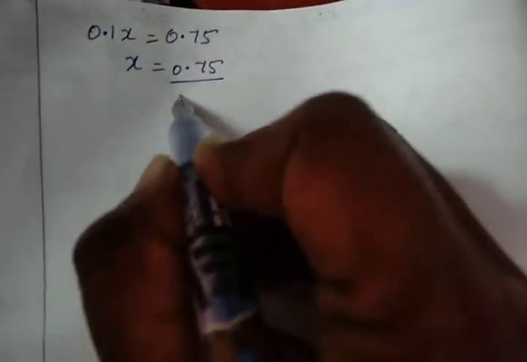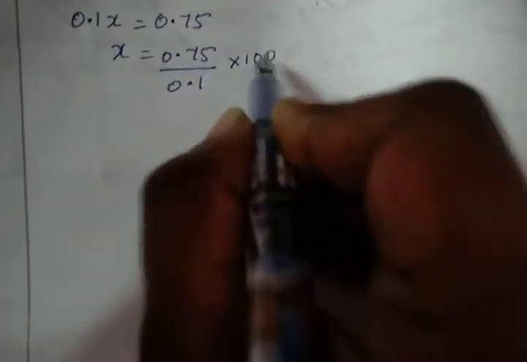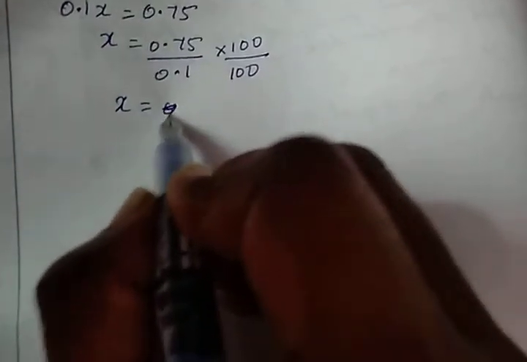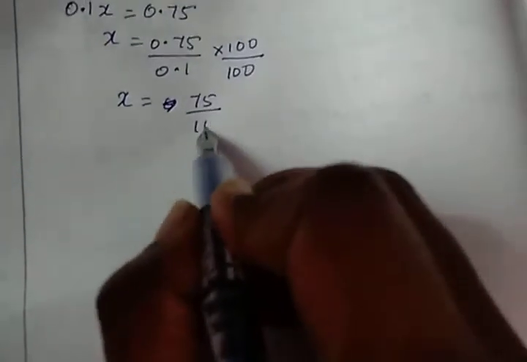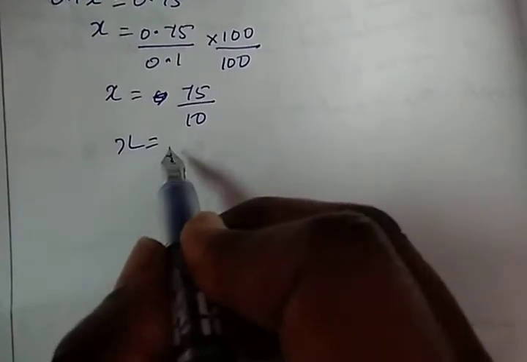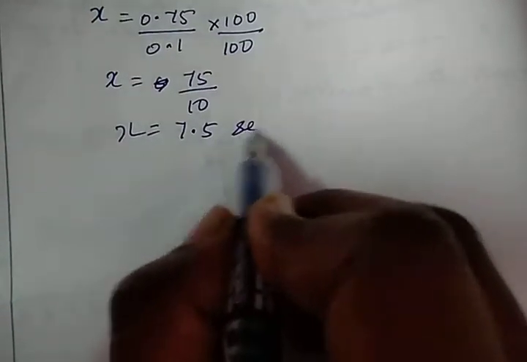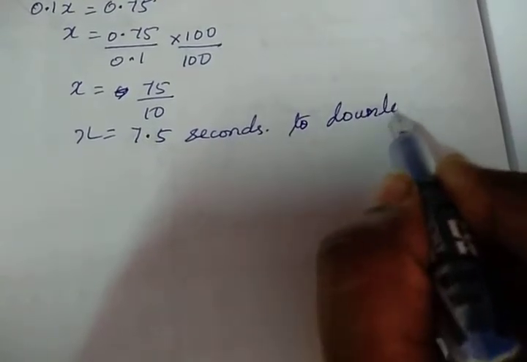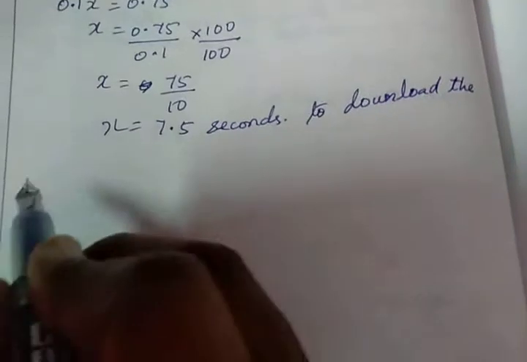X is equal to 0.75 divided by 0.1. In order to remove the decimal, multiply and divide by 100, equal to 75 divided by 10. X is equal to 7.5 seconds. So to download the remaining 25%, how many seconds is necessary? 7.5 seconds is necessary to download the remaining song.